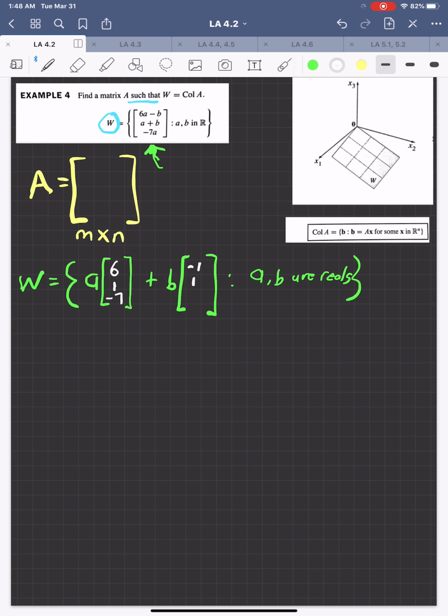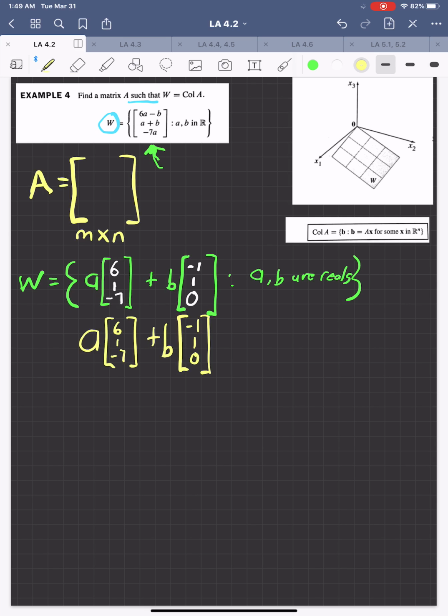In the third row, there is no variable B, so I would just zero that out. We're getting somewhere. Now we have A multiplied by 6, 1, negative 7, plus B times negative 1, 1, 0.